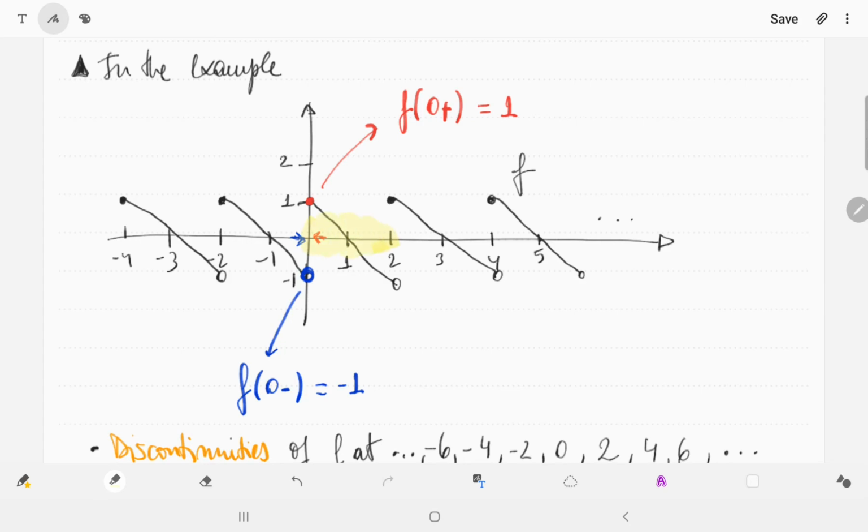It's just a line. So this function, no matter that it has all these discontinuities, all these jumps, is a piecewise continuous function. Okay, so this won't be so bad for us.